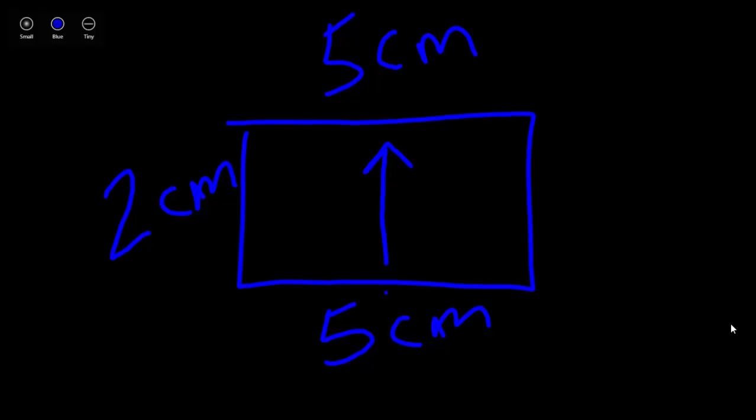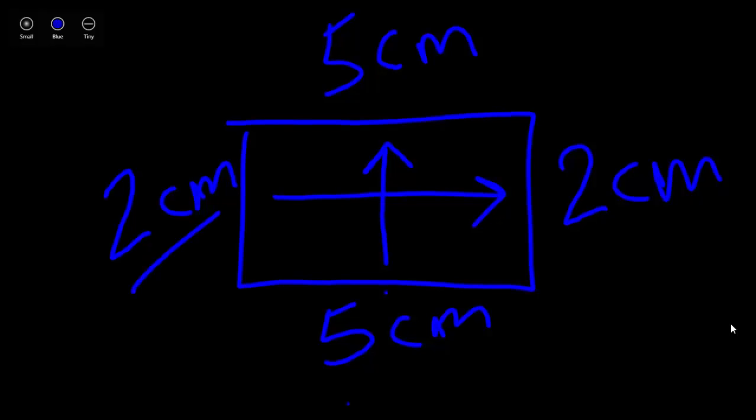The width is 2 centimeters on the left. So can we then say that even though we weren't given this dimension for the right side, this side is 2 centimeters as well? Absolutely. Given the information that we did have, 2 centimeters here and 5 centimeters here, we could then assume and know the length and the width of the exact opposite sides of our rectangle.